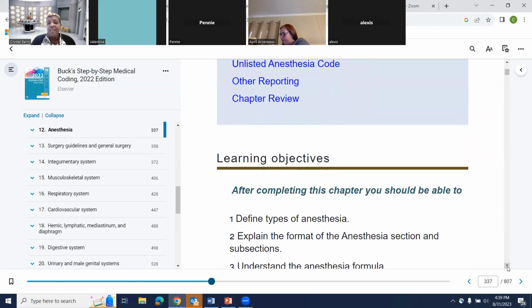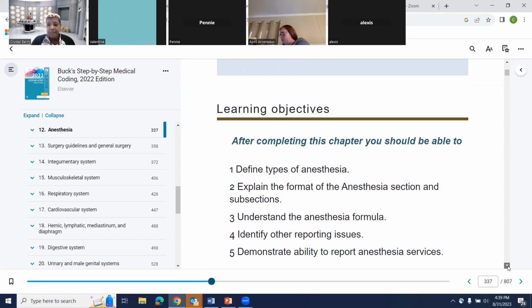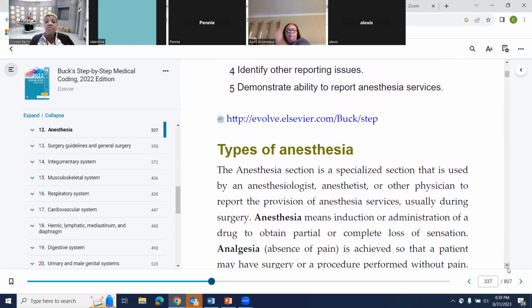The chapter topics and our learning objectives are the first 3: define types of anesthesia, explain the format of anesthesia section and subsection, and understand the anesthesia formula. This is one of your questions in one of your assignments, types of anesthesia. The anesthesia section is a specialized section that is used by an anesthesiologist, anesthetist, or other physicians to report the provision of anesthesia services, usually during surgery.